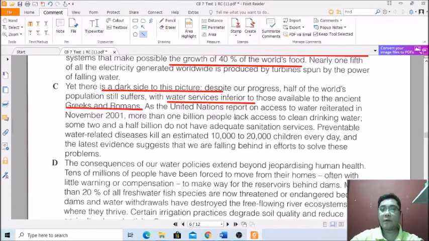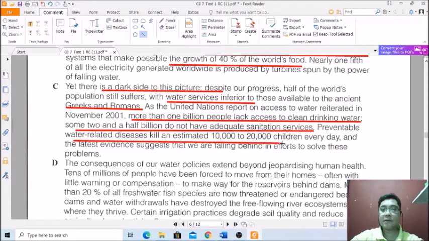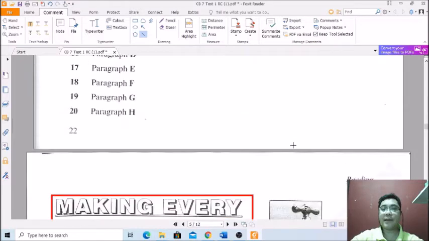And it's been reported that the United Nations report on access to water reiterated in November 2001, more than 1 billion people lack access to clean drinking water. Then it says that some 2.5 billion do not have adequate sanitation services. And in here it says that there are water-related diseases that kill 10 to 20,000 children every day. So this is all the picture, and try to find the heading.